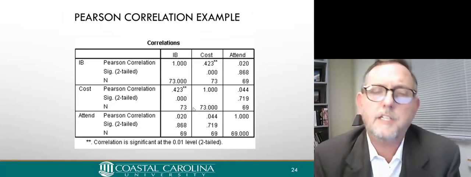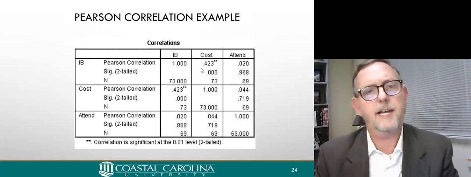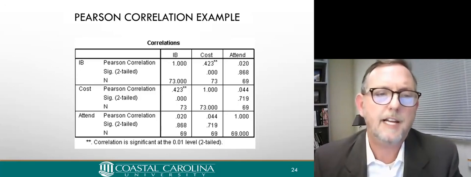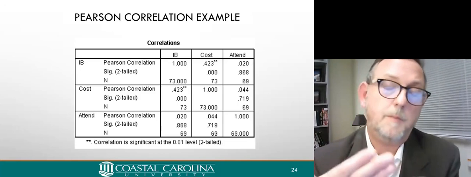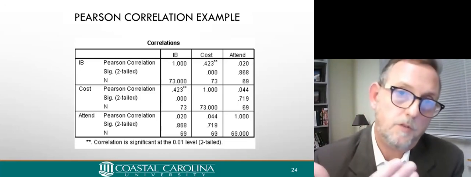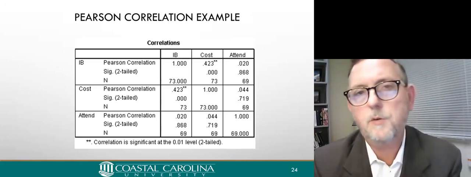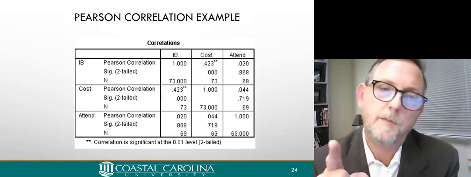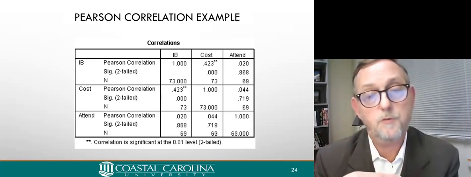Now you're going to see 2 diagonals, the top diagonal and the bottom diagonal. The top triangle is a reflection, like an identity matrix, where the bottom triangle of the matrix is the same as the top triangle. So you see 0.020 twice, in the 2 corners. You also see 0.423 twice, and 0.044 twice.